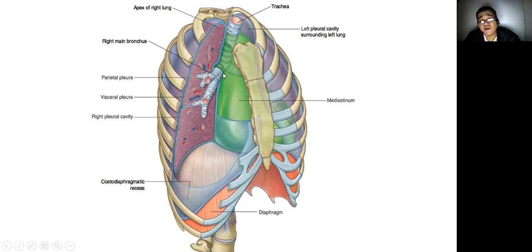This is the root of the lung. The part of the lungs where the structures of the root of the lung will penetrate into the lungs is known as the hilum of the lungs.